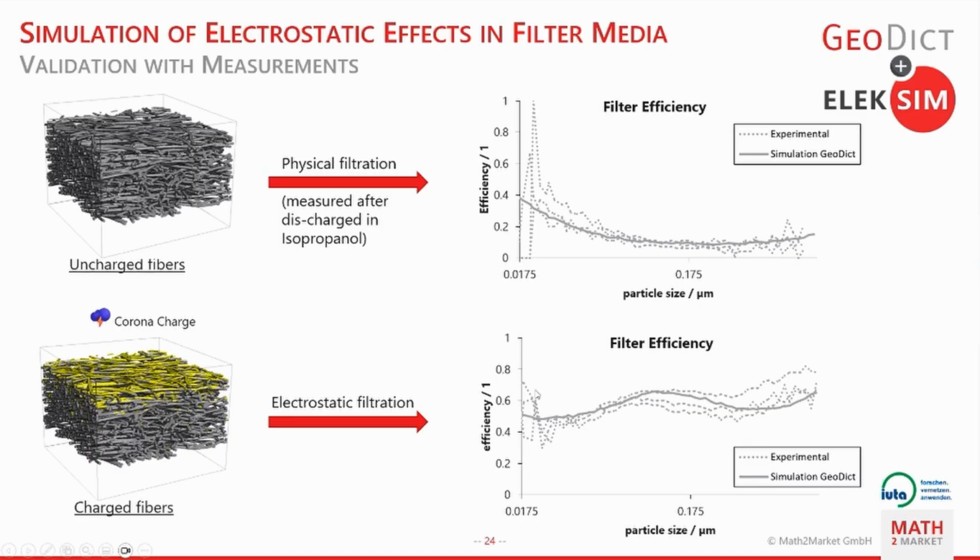In all of the cases, both for the uncharged and the charged material, the simulation is somewhere in the spread that we observed when we repeat the measurements. And this worked for all the 6 materials. So we proved here that we can reliably predict efficiency of electrode filters.